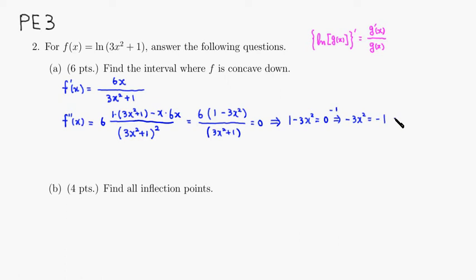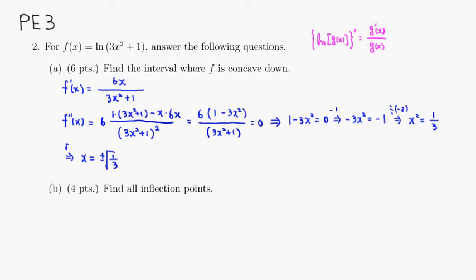Then divide through by negative 3 to get x squared equals 1 over 3. Take the square root of both sides, so you get x equals plus or minus the square root of 1/3. Make sure to put the plus or minus.